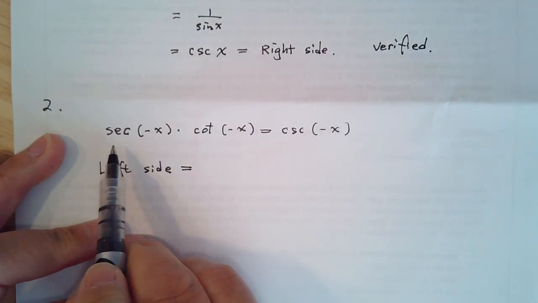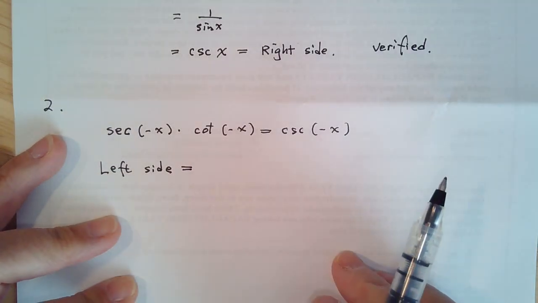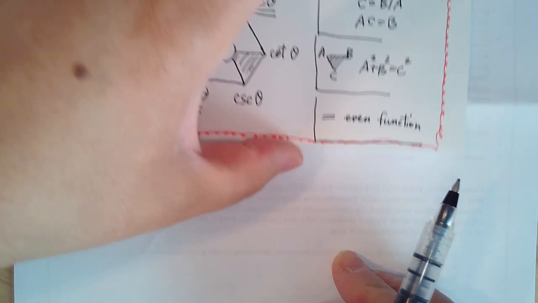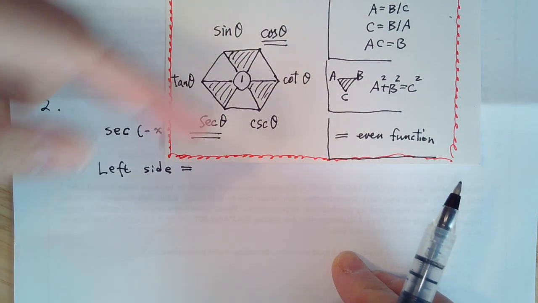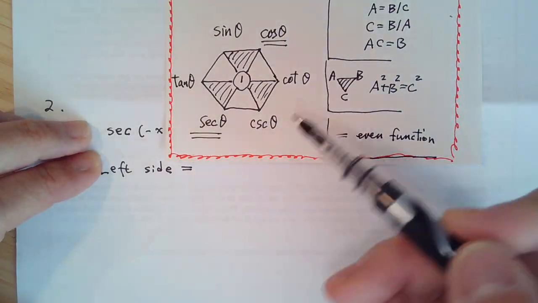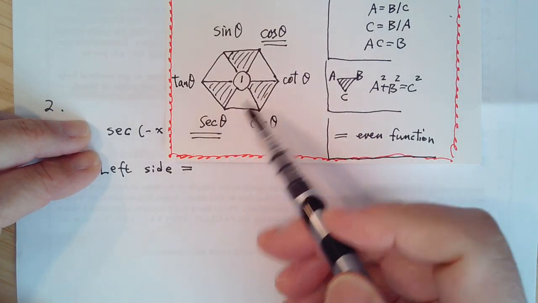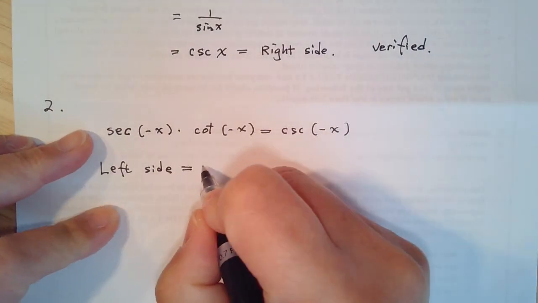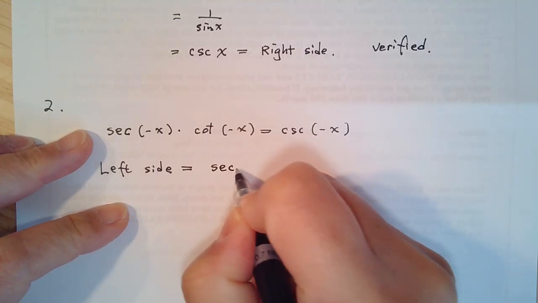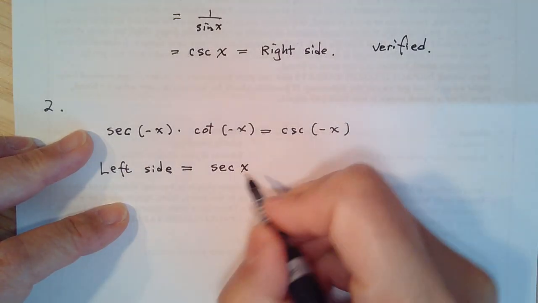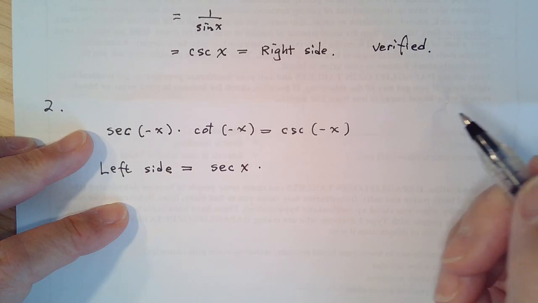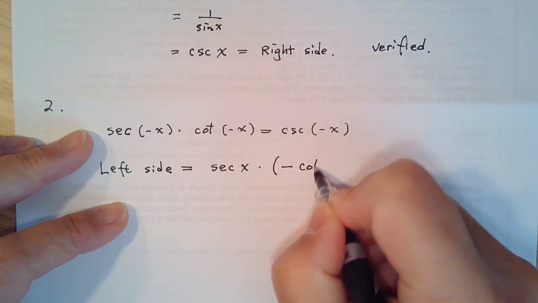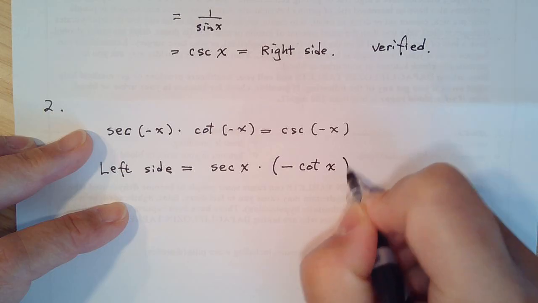Now for the secant of negative x, is secant even or odd? If you remember, secant and cosine are on this side of the hexagon and they have 2 underlines, so they are even functions. Therefore, secant of negative x is just secant x. The cotangent is an odd function, so that would be negative cotangent x.